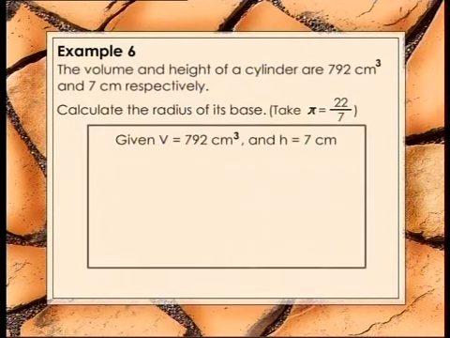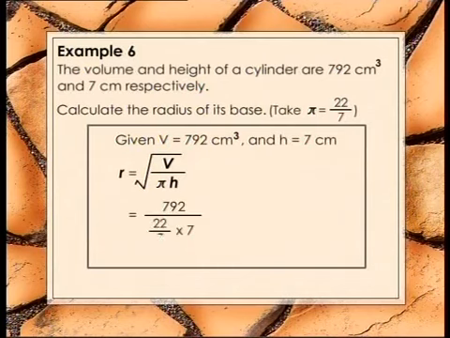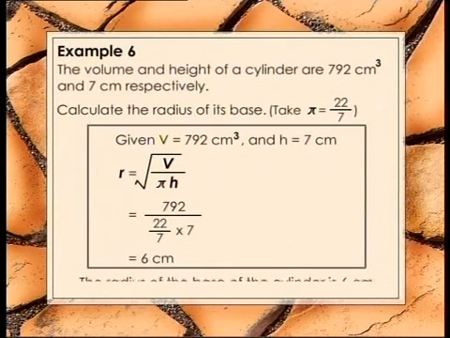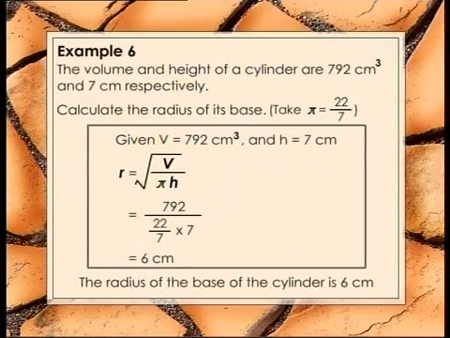Given V equals 792 cubic centimeters and h equals 7 centimeters. r equals the square root of V over pi h equals 792 over 22 over 7 times 7 equals 6 centimeters. The radius of the base of the cylinder is 6 centimeters.